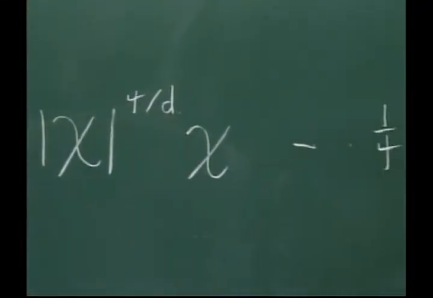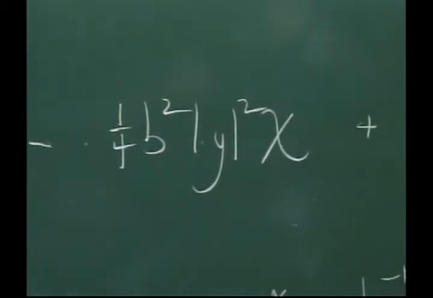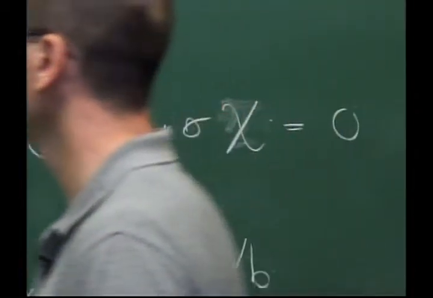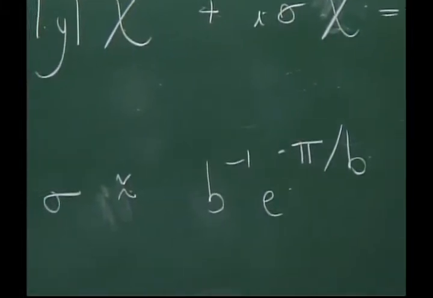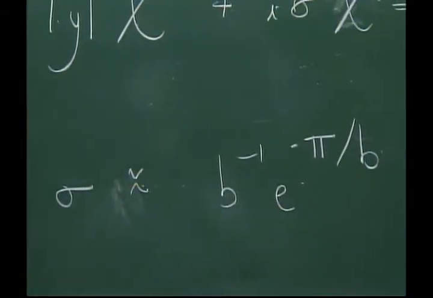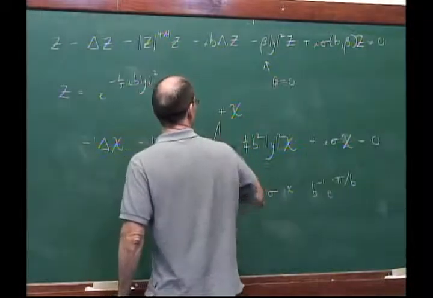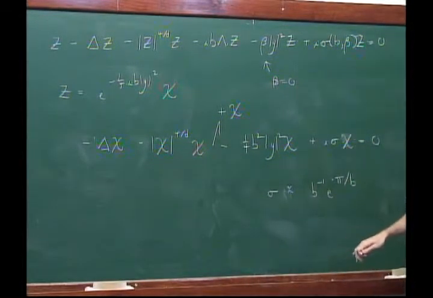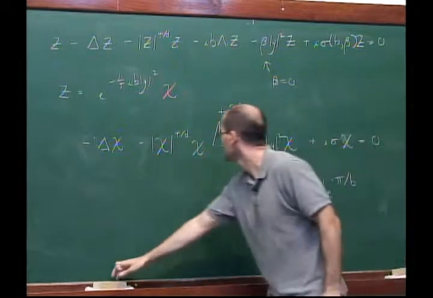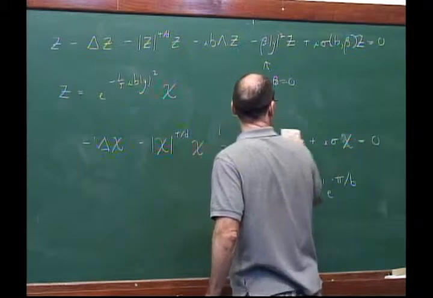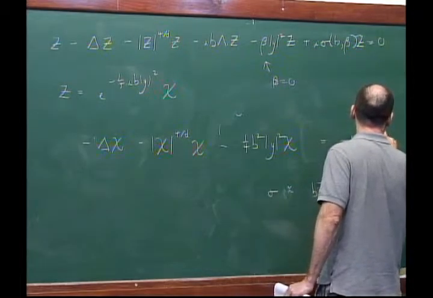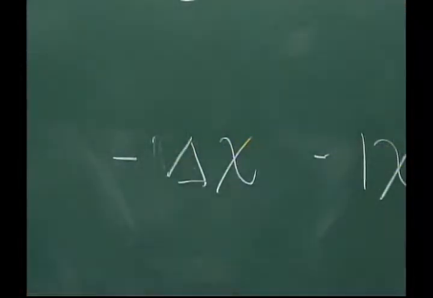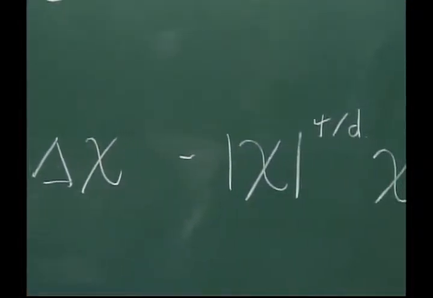All right, because what we have could be interpreted as a nonlinear eigenvalue problem. Let me put it equals minus 1 minus i sigma chi.